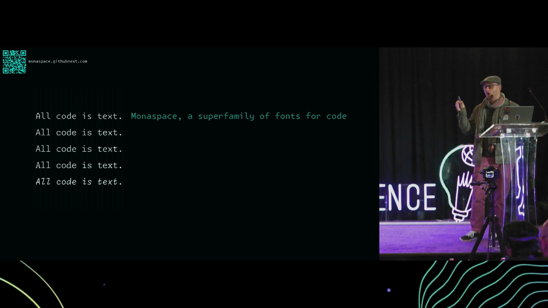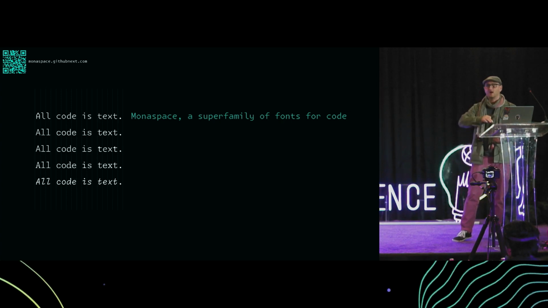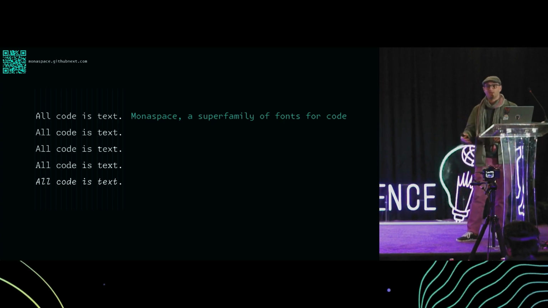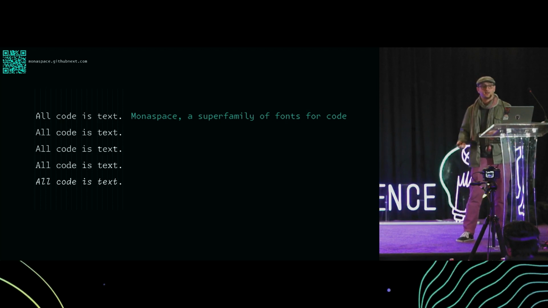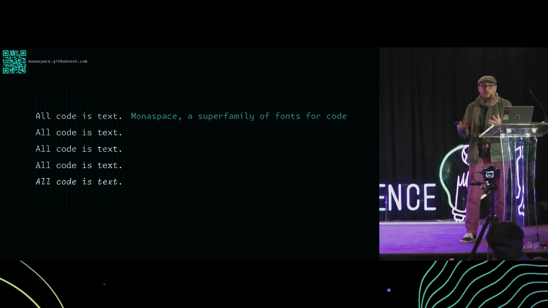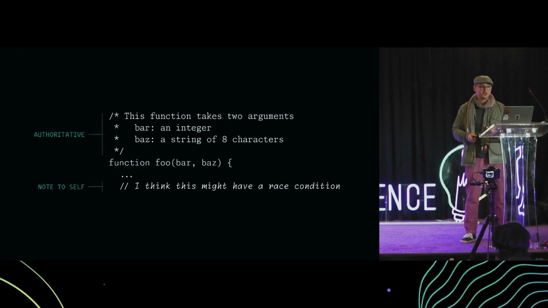If all we have are letters on a grid, how can we use those letters, not the color, not decorations around them, to layer more information onto code? We're already using the color, the weight, italics, underlines for syntax highlighting. So if we want to add more information, we need a more expressive set of letters to show on the grid. And so that's why we went on this adventure.